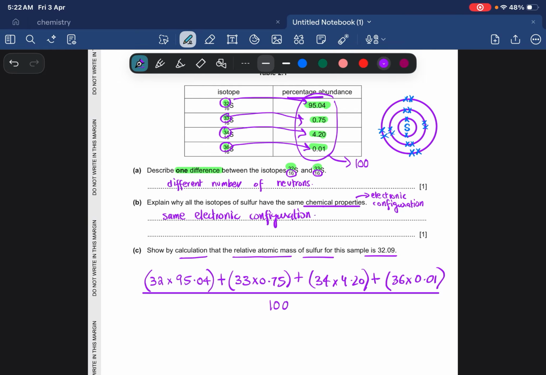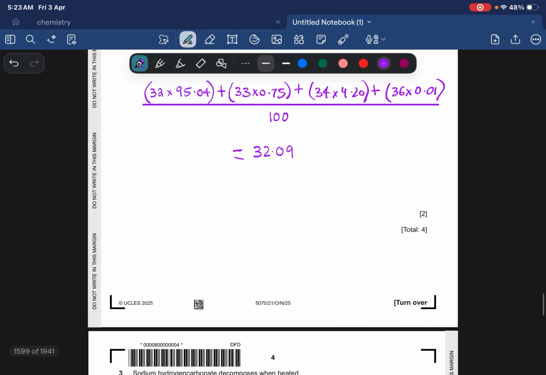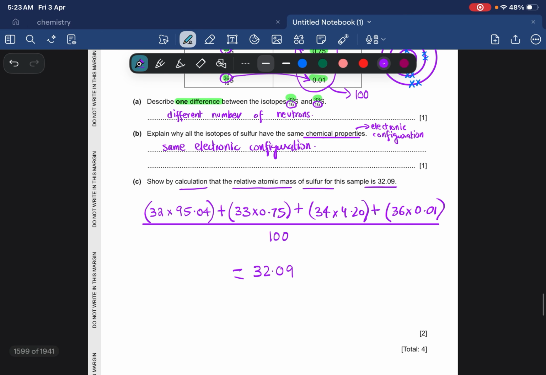When I solve this, I should get 32.09. So that is how I'll prove to the examiner that I know.